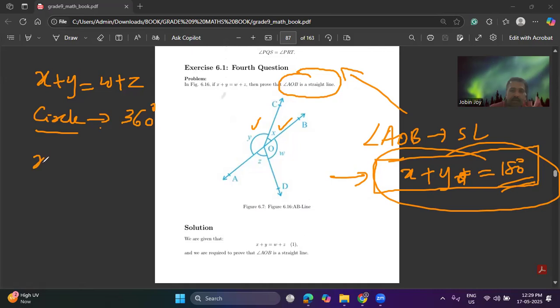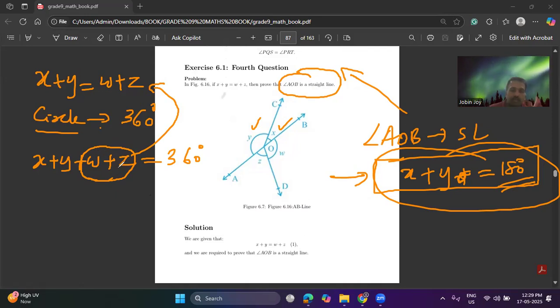So I can write x plus y plus w plus z, all the four angles. When you add all these four angles, you will get 360 degrees. And we know that w plus z is equal to x plus y. Instead of this w plus z, I am substituting this value, x plus y. So x plus y plus x plus y is equal to 360 degrees.